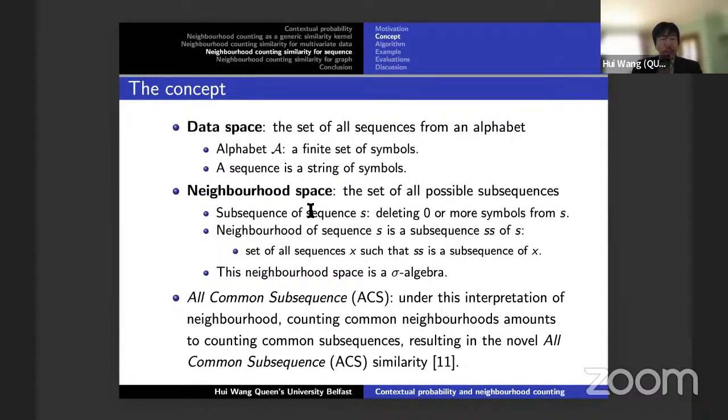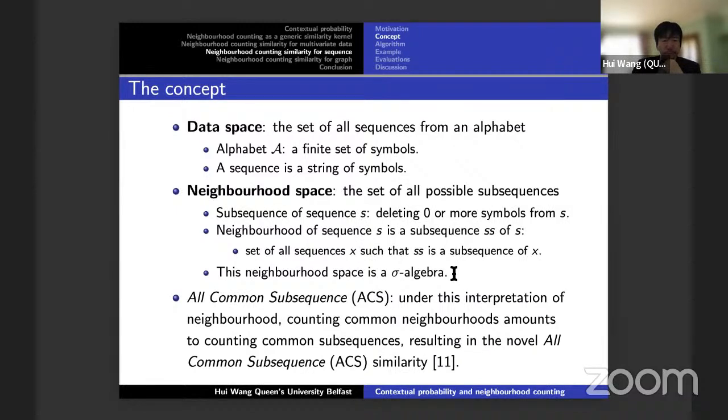As for the neighborhood space, a neighborhood can be defined in different ways, but one way is to define the neighborhood to be a subsequence. We begin with a sequence, and a neighborhood of this sequence could be one subsequence of the given sequence. We can have many different subsequences, resulting in different neighborhoods for each given sequence.